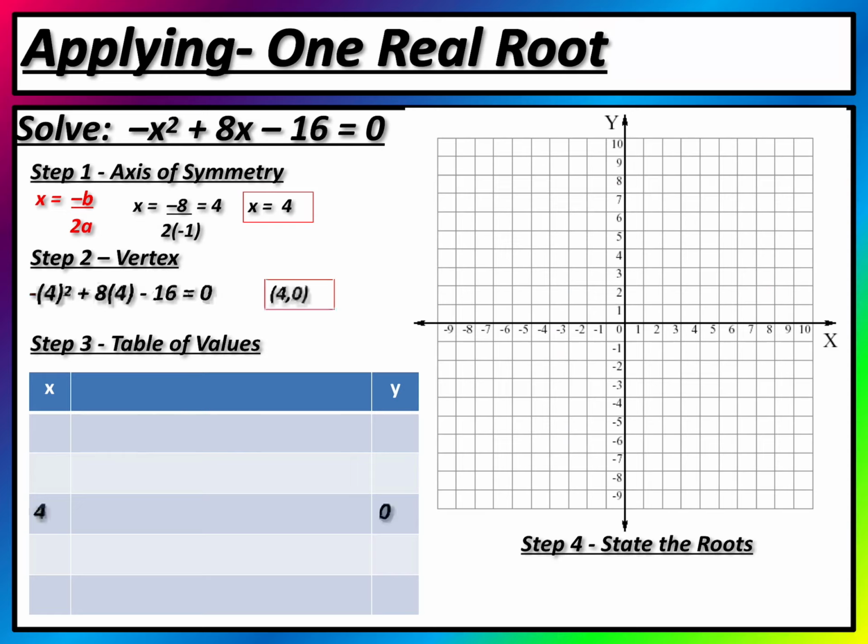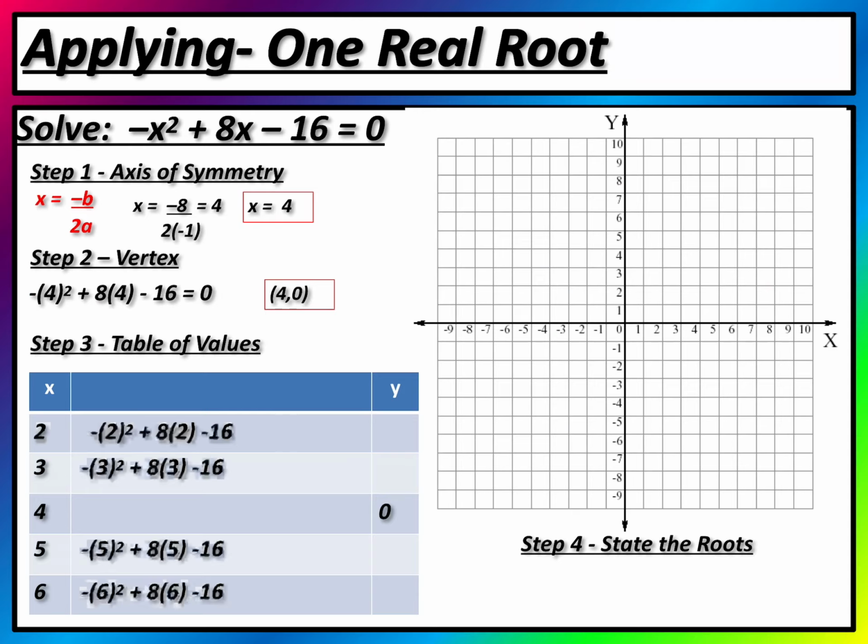To create our table of values, vertex goes in the middle, and we're going to go up 2 and down 2. So take a moment and see if you could fill in those x values before they show up. So we're going to go 5, 6, and 3, 2. So we're plugging in all these x values into our function. I want you to pay attention to how they are evaluated this time.